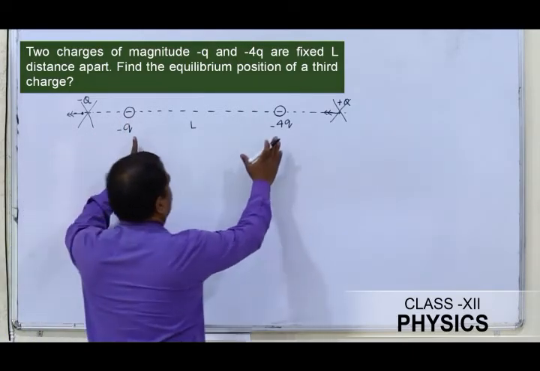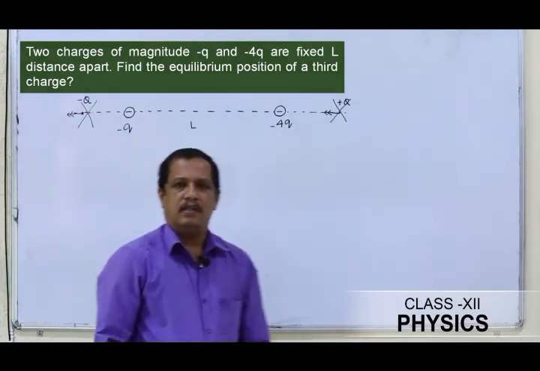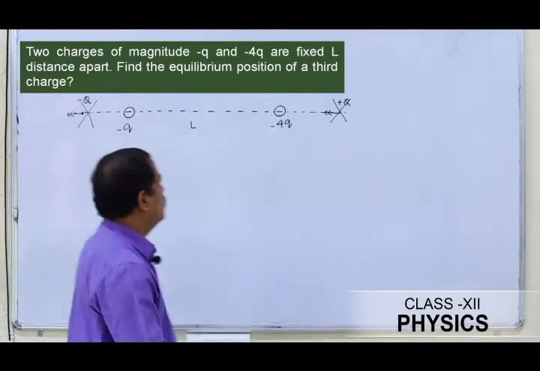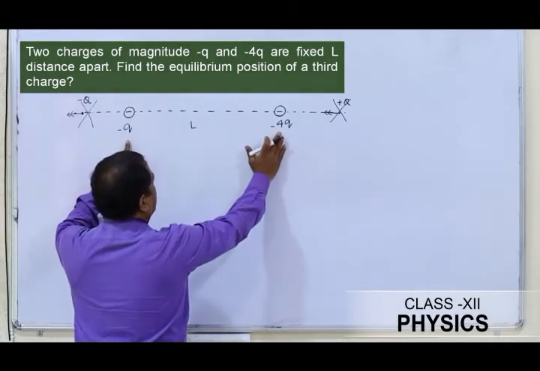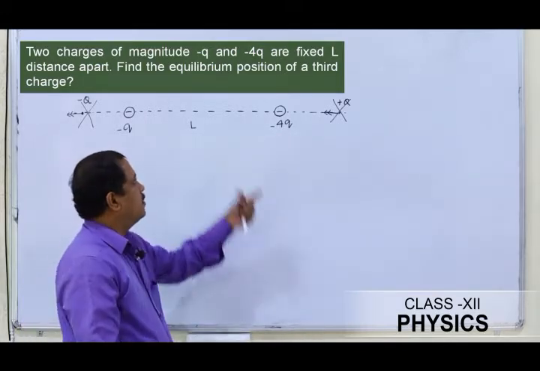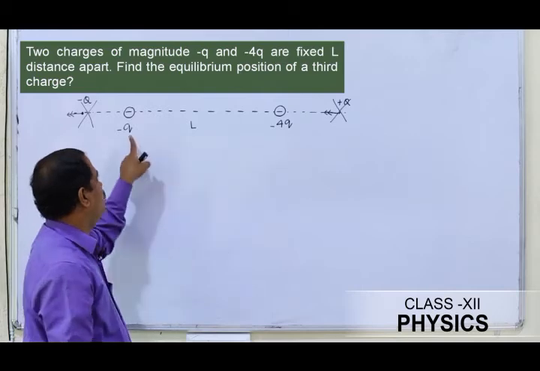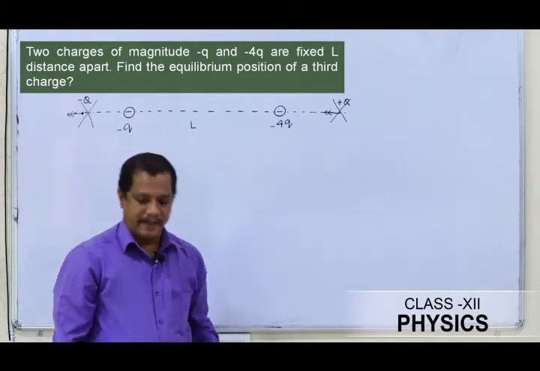So now it's clear that I'm going to get the equilibrium position at one point between minus Q and 4Q. If we compare with the previous problem, where both charges were equal, we got it at the center, but this time the case is different.